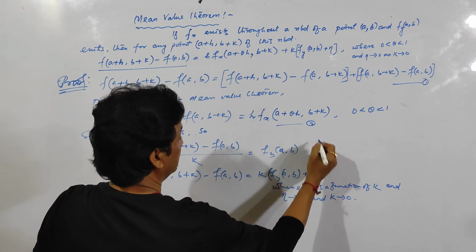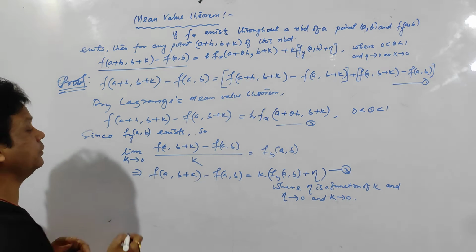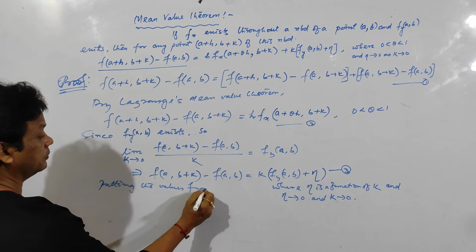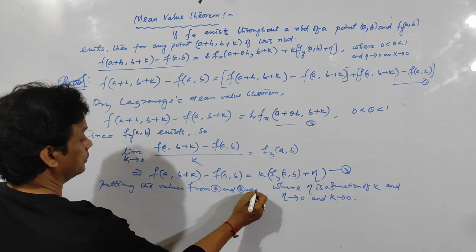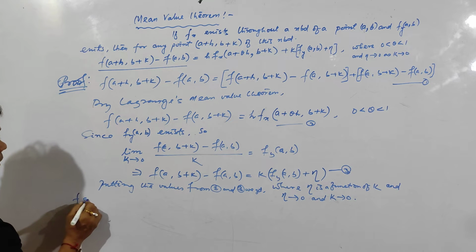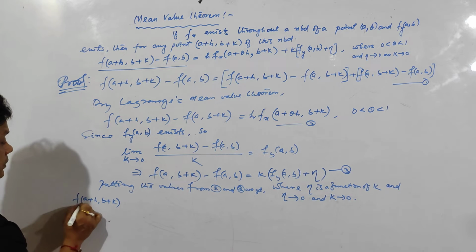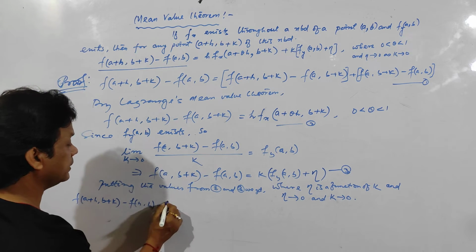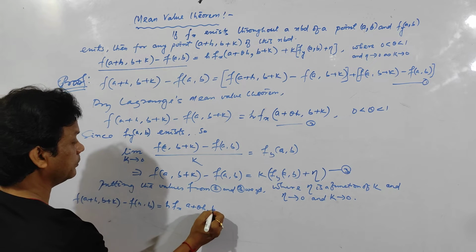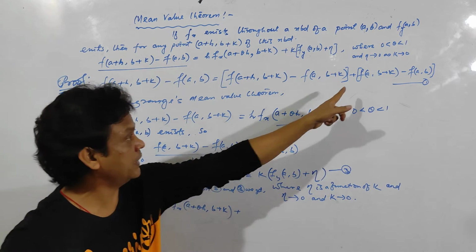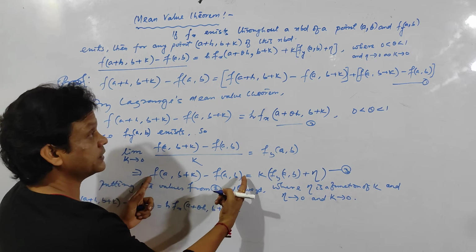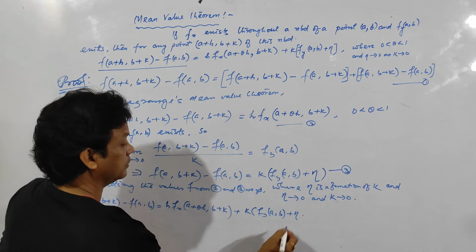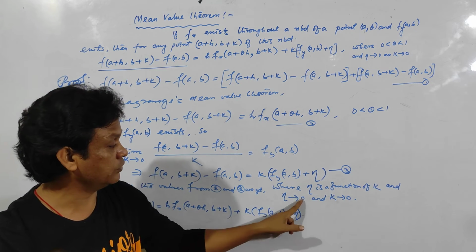Now see here. This is equation 2 and this is equation 3. So putting the values from 2 and 3 in equation 1, we get f of (a plus h, b plus k) minus f of (a, b) is equal to the first part, that is h into fx at (a plus theta h, b plus k), then plus the second part, which is k into fy at (a, b) plus eta, where eta is a function of k and eta tends to 0 as k tends to 0.